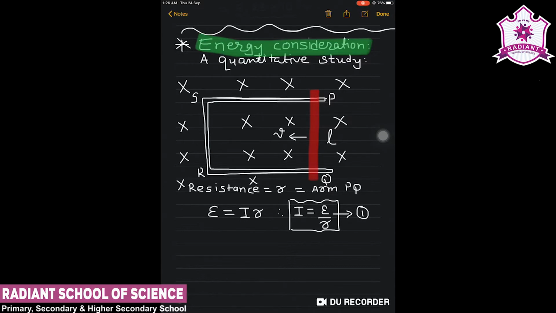This cross symbol shows that the uniform magnetic field is going in the inward direction.